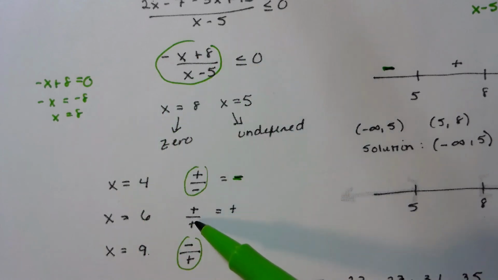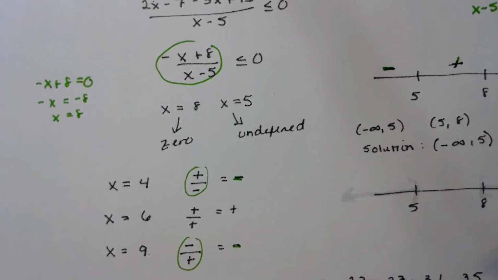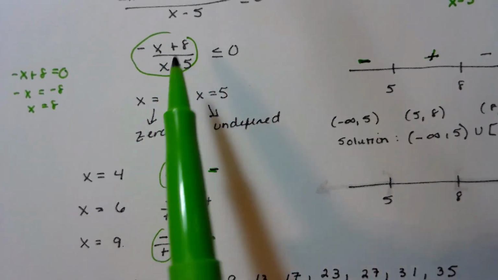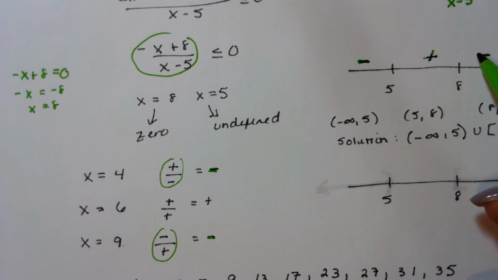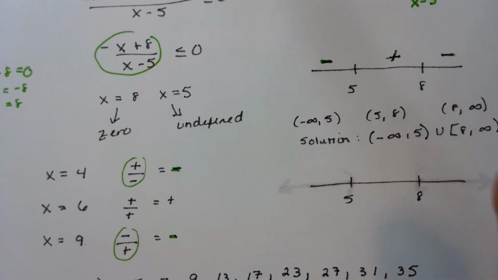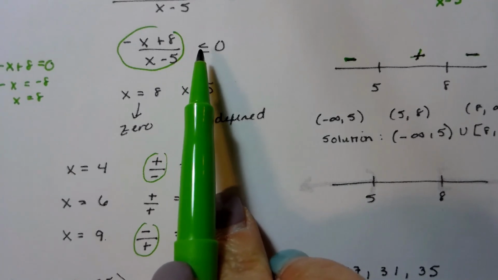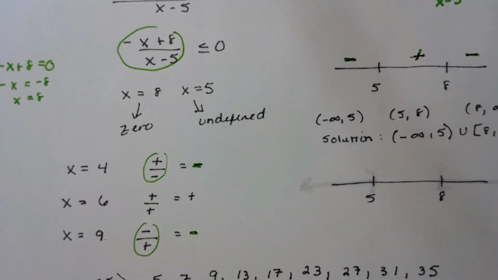That's a positive divided by a positive, which gives you a positive. And then when I plug the 9 in, I'm going to have a negative divided by a positive, which is going to give me a negative. All right. And my inequality states less than or equal to, so I know that my solution set is going to have to be those values that are negative.